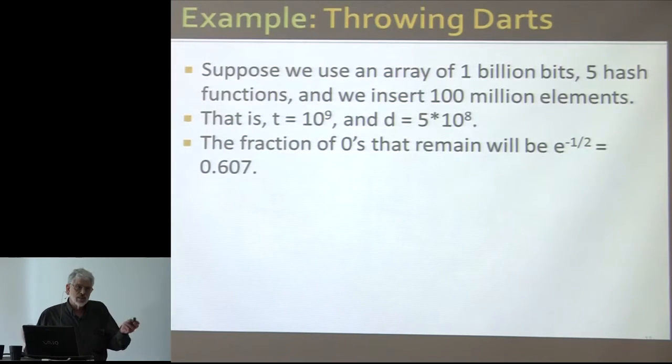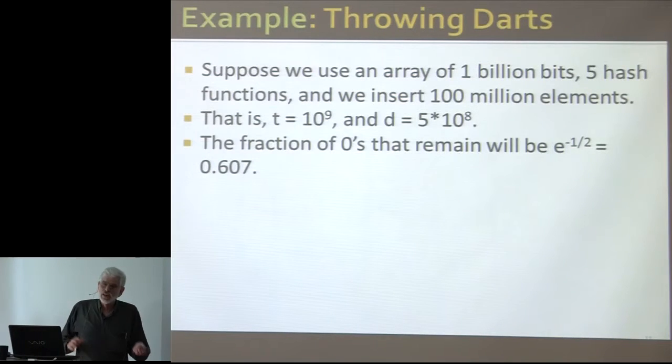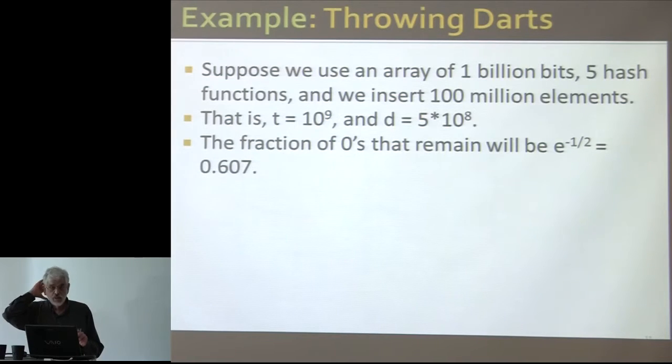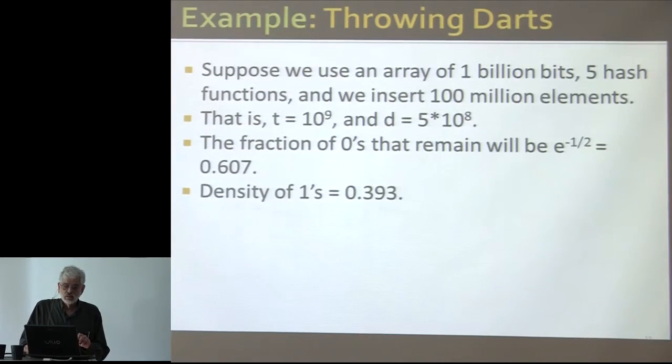Okay, that's sort of, it should be like 50% hit, 50% not hit, but again, because some targets are going to have 2 darts or 3 darts sticking out of them, the actual number of targets that remain clean will be a little over half. So anyway, the density of ones is the complement of that.